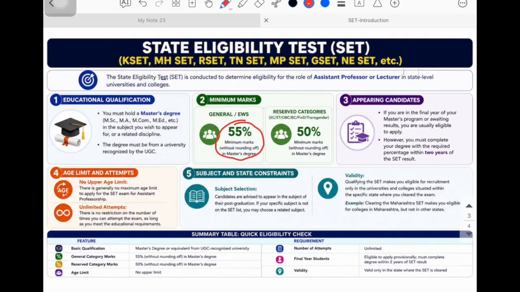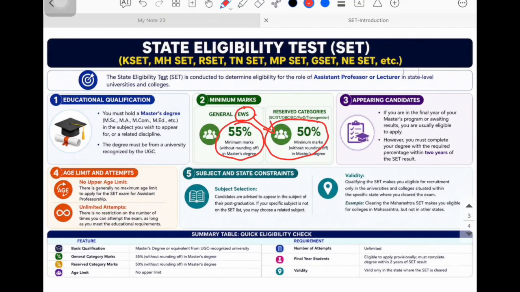And for reserved categories like SC, ST, OBC, OBC meaning OBC non-creamy layer, for them it is 50 percentage. And also note, sometimes EWS also gets 50 percentage.